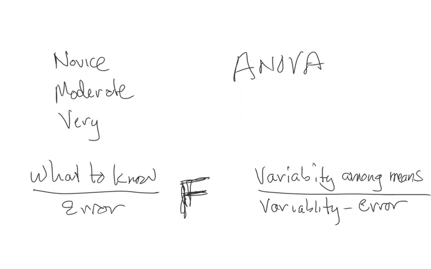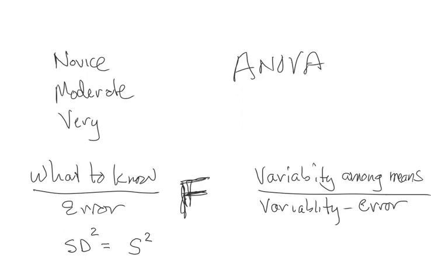Now, if you remember, standard deviation and variability, abbreviated with an S squared, the square of the standard deviation is your variability coefficient. Variability is the square of standard deviation.